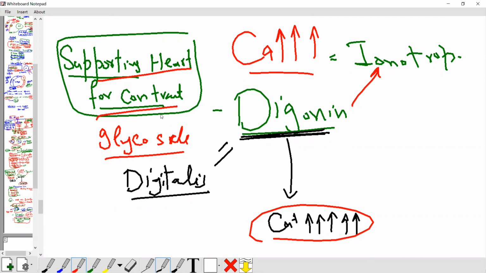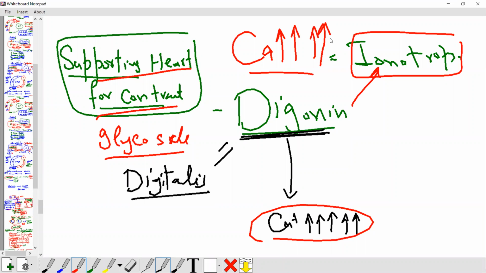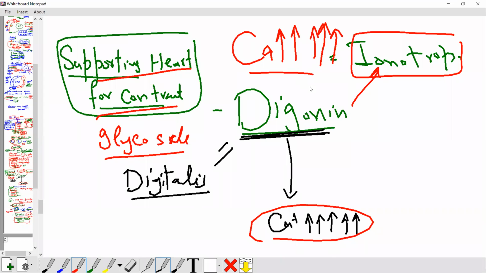How do you support? By using inotropics. They increase calcium. Understand? So which drug is important here as an inotropic? Digoxin. What's the problem with digoxin? It can easily get toxic.